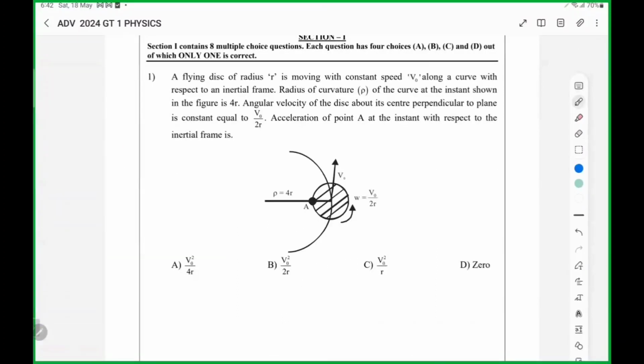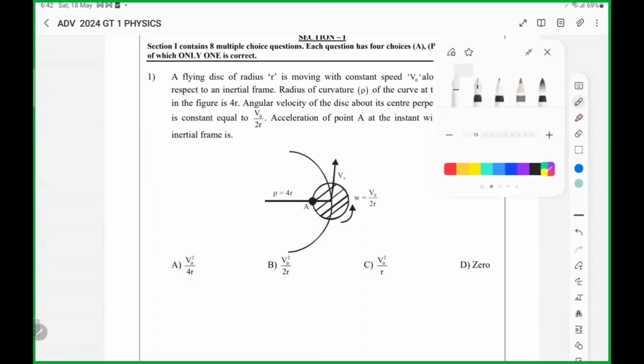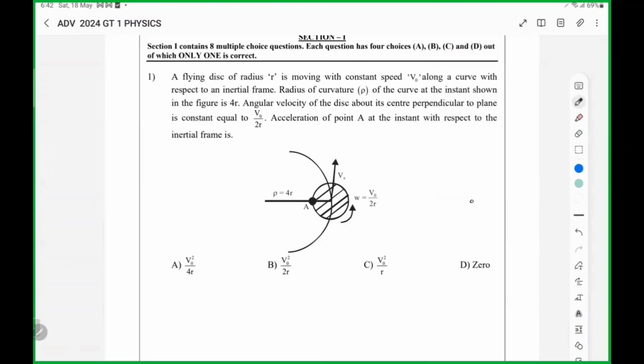So, a flying disk of radius r moving with a constant speed v naught along the curve. Any particle moving along a circular path is subjected to some force. So that force is centripetal force.